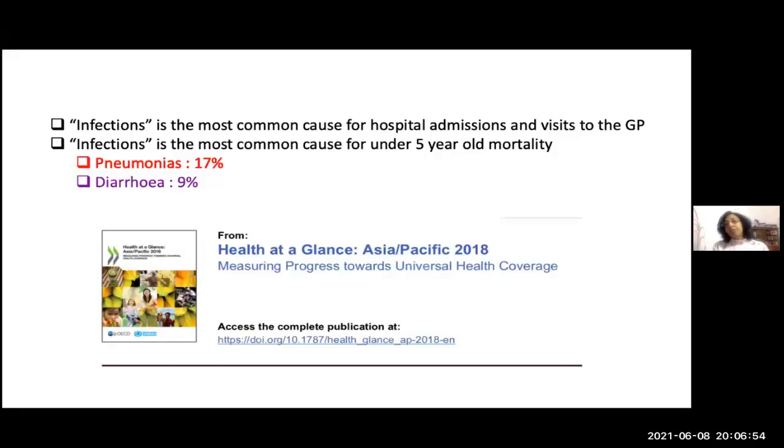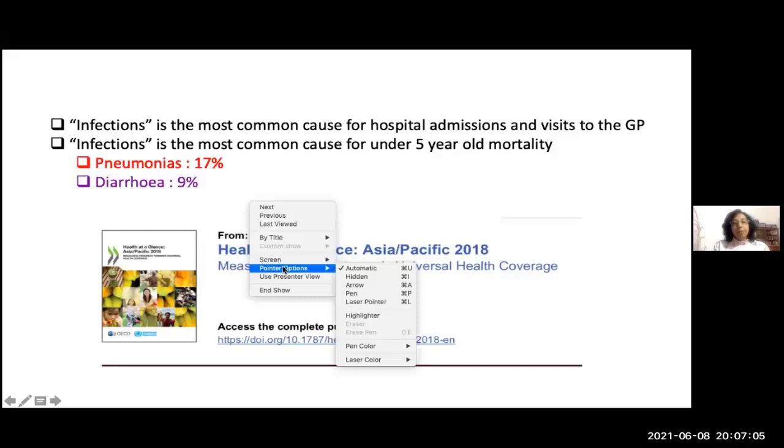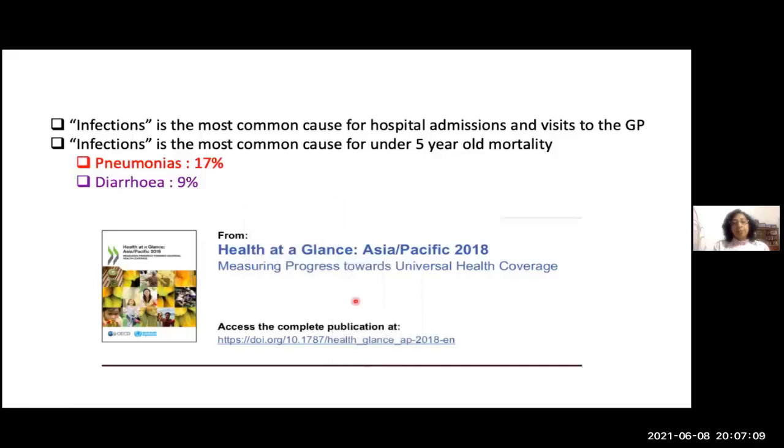Out of the infections, pneumonias account for about 70% of child deaths, whereas diarrheal illnesses contribute about 9% to child deaths. According to the statistics of the World Health Organization, these are the figures that we get from 2018, and it's a major problem, especially in the Southeast Asian region.